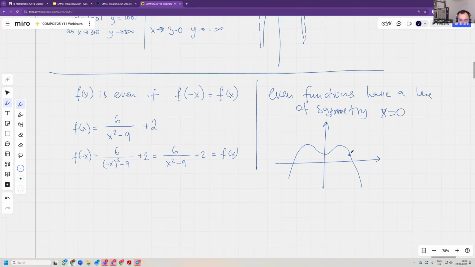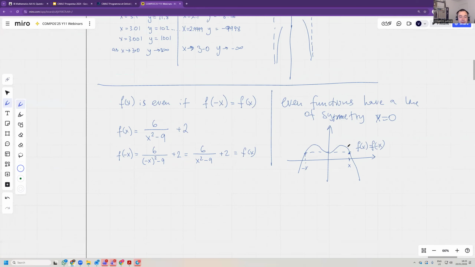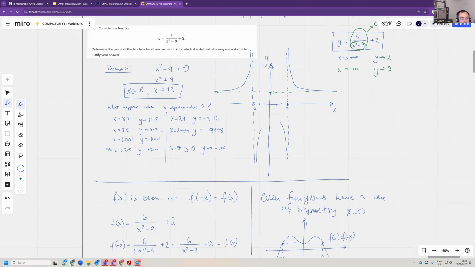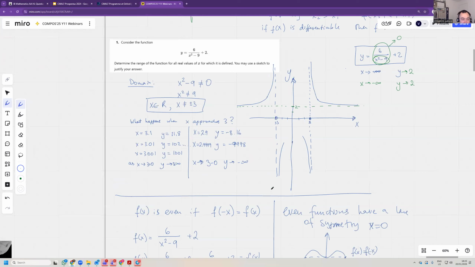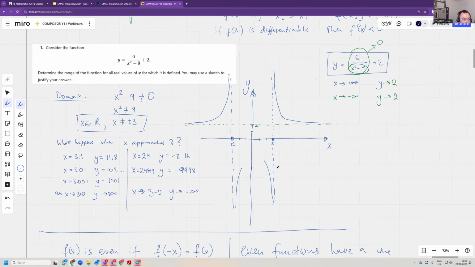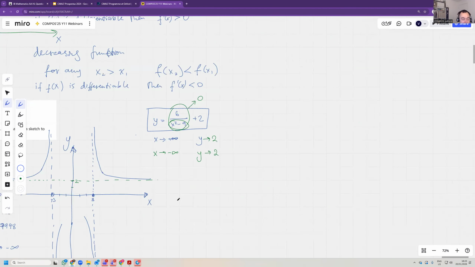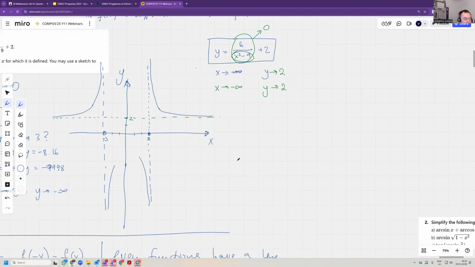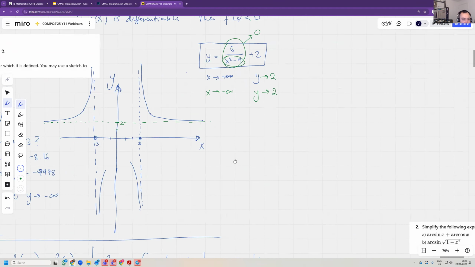So this is x, this is minus x, and they will always be equal. So f of x is equal to f of minus x. Even functions have a line of symmetry, and that means we only need to find f of 0, which would be the maximum. So it does look like it's symmetrical.